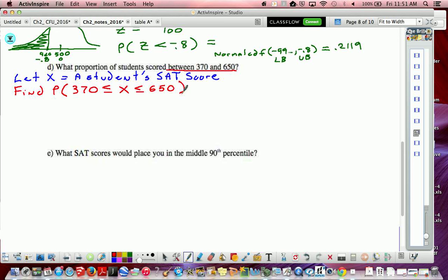So when you read this inequality, it's saying x is greater than or equal to 370, but is less than or equal to 650. Where, again, our distribution is normal with a mean of 500 and a standard deviation of 100.